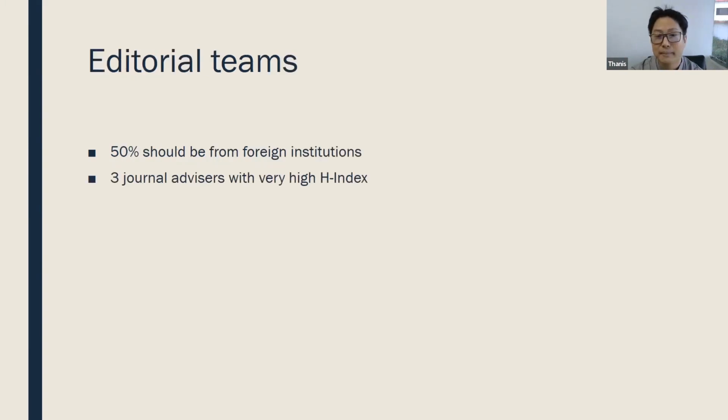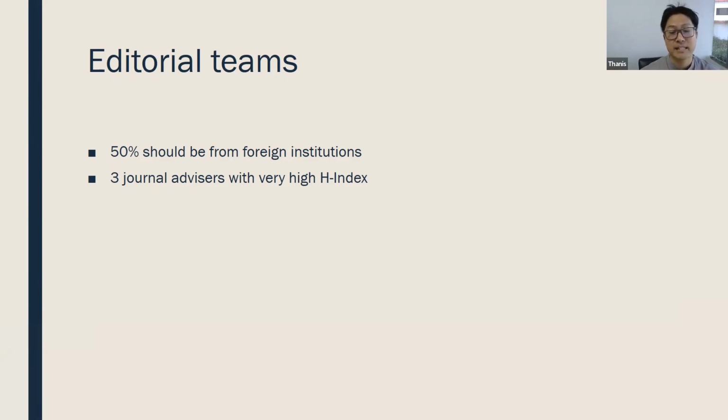Editorial teams, I believe you have got some interesting people to join the team already. But don't forget, for the editorial teams or reviewer teams, you should have at least 50% from international universities. Maybe 5 from Malaysia, 2 from Singapore, the other 10 from Australia or England. That is the kind of collaboration that you have to secure as well. 50% should be from foreign institutions.